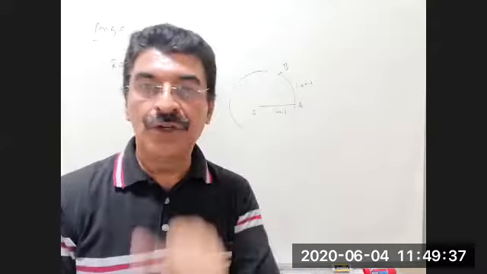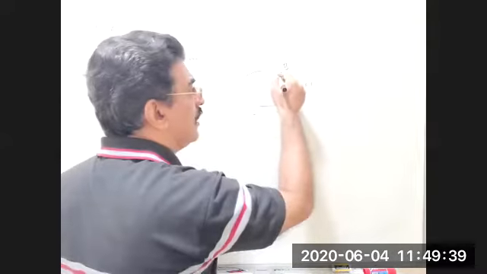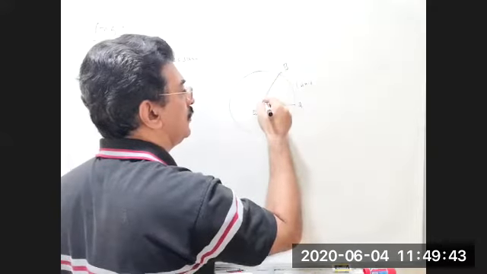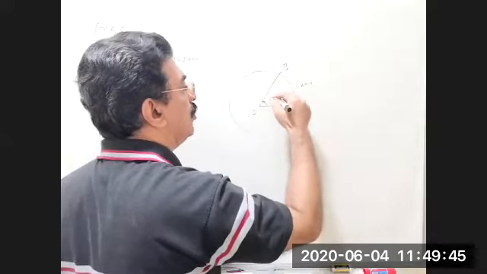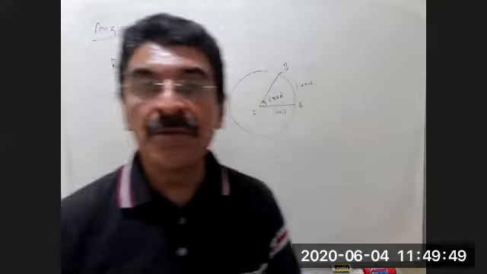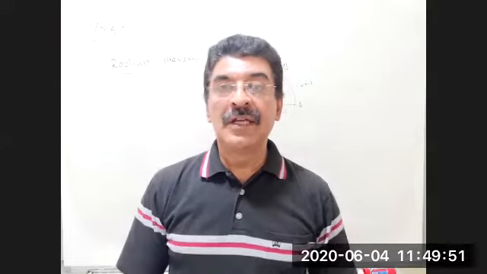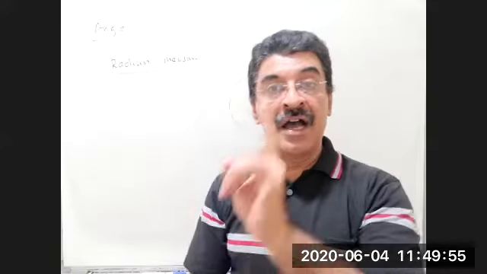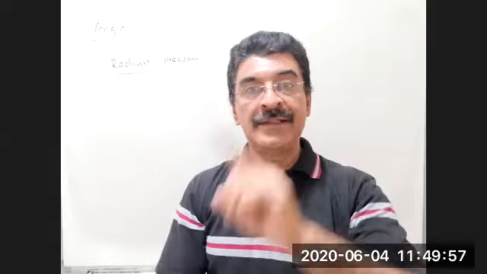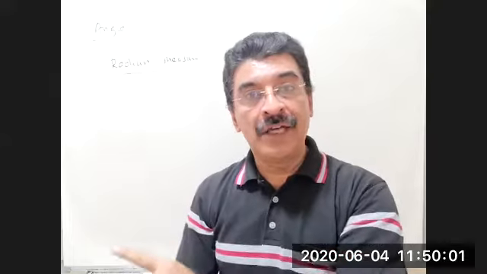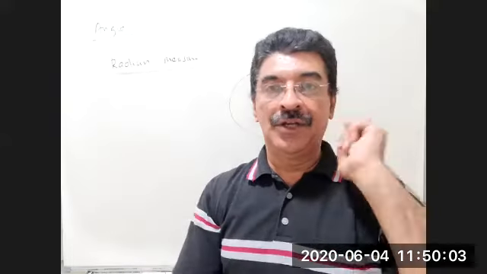So we consider 1 unit. This arc subtends an angle at the center. This is called 1 radian. So radian measure is the measure of the angle subtended by an arc of length 1 unit at the center of a circle of radius 1 unit.